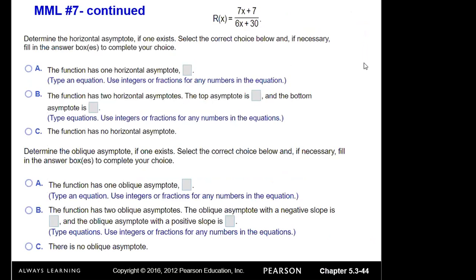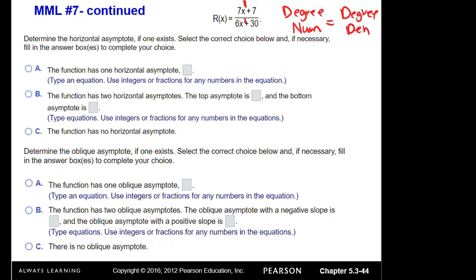And then determine the horizontal asymptote. Okay. That has to do with the degree of the numerator compared to the denominator. All right, the degree of the numerator is 1, and so is the denominator. If the degree of the numerator equals the degree of the denominator, it's actually the ratio of the leading coefficients.